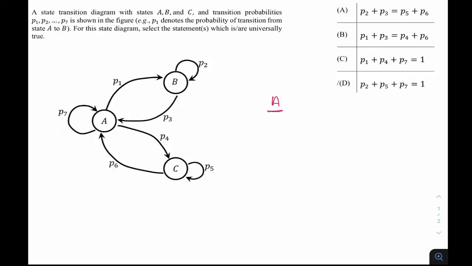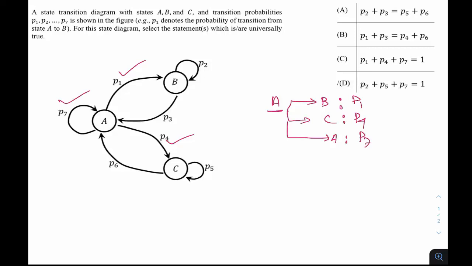So if the present state is A, the next state can be B, C, or A. If the present state is A, the next state is B with probability P1. The next state is C with probability P4. The next state is again A with probability P7.